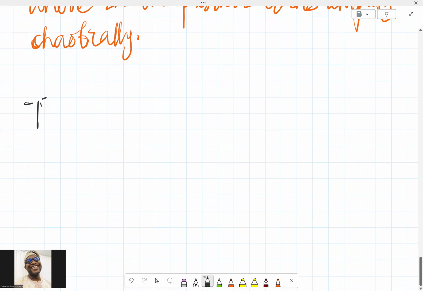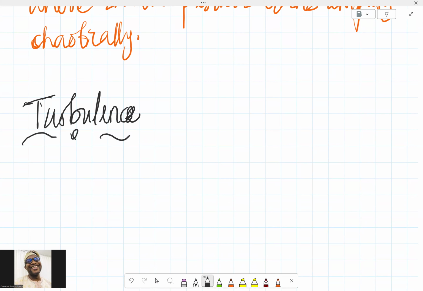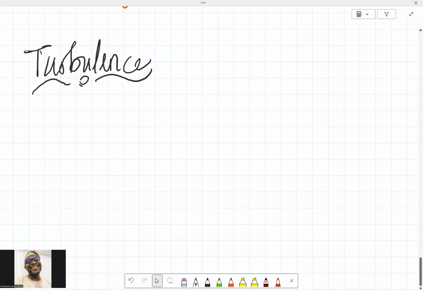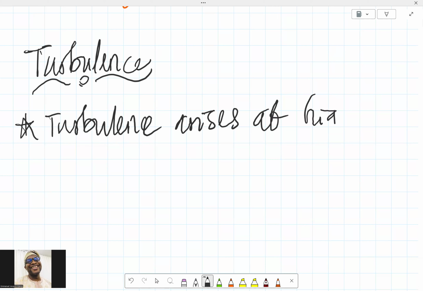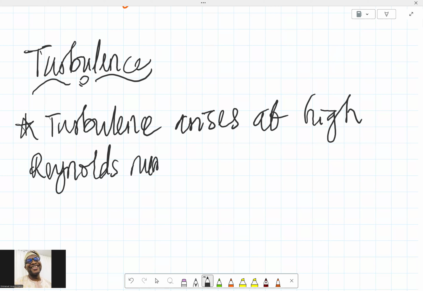Turbulence. So what is turbulence all about? From the English word itself, it's like trouble, right? Like you have a lot going on, so to speak. That's turbulence. So first of all, turbulence arises at high Reynolds number. So Reynolds number determines whether there's turbulence or not.